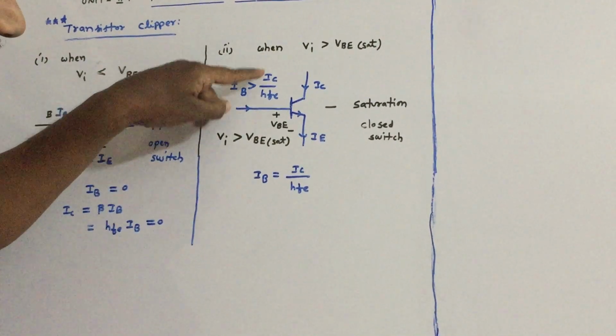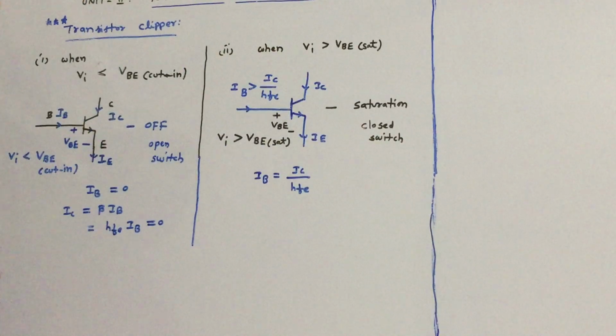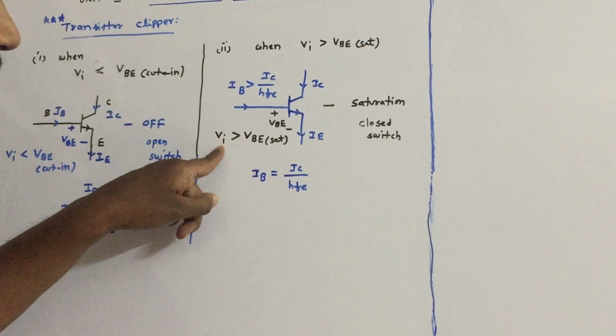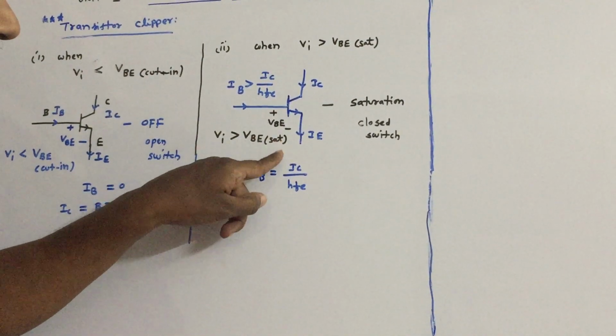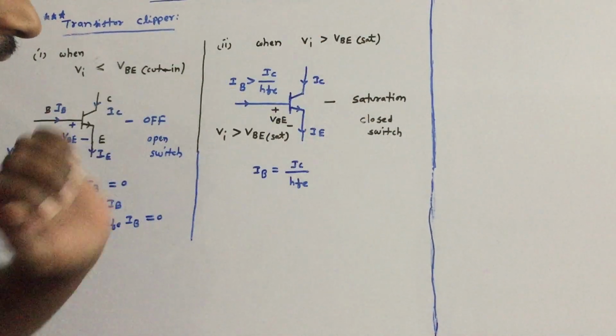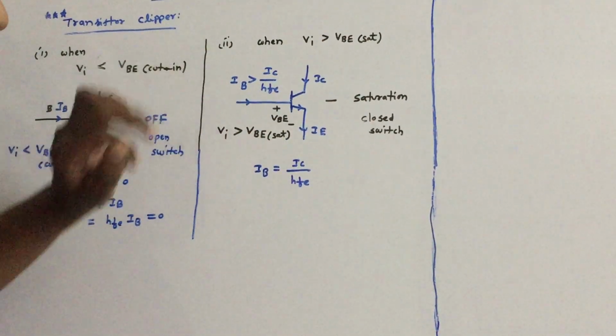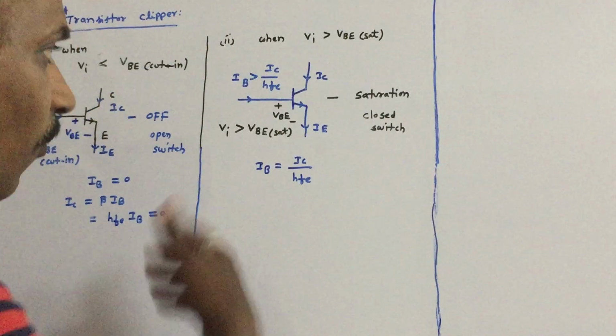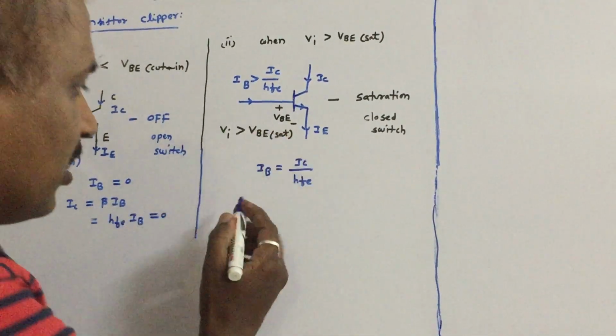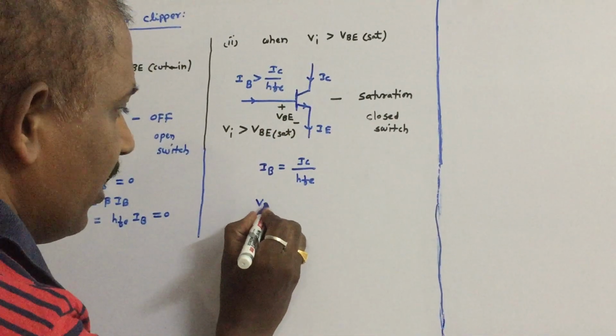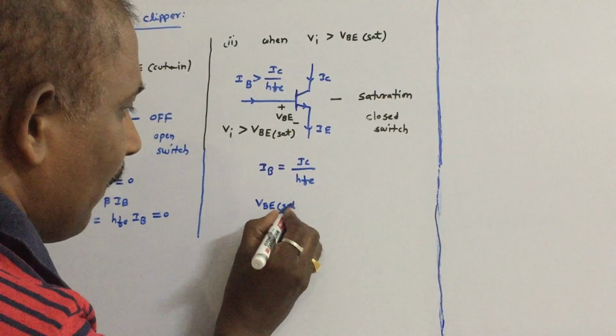If the base current is greater than IC by HFE, the transistor enters into saturation, or if the input voltage is greater than VBE saturation, then also the transistor enters into saturation. Both are equivalent.